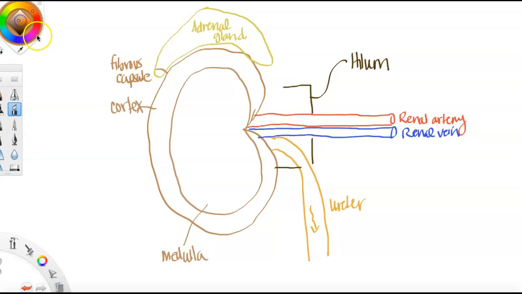The medulla is made up of little, like, pizza slices.